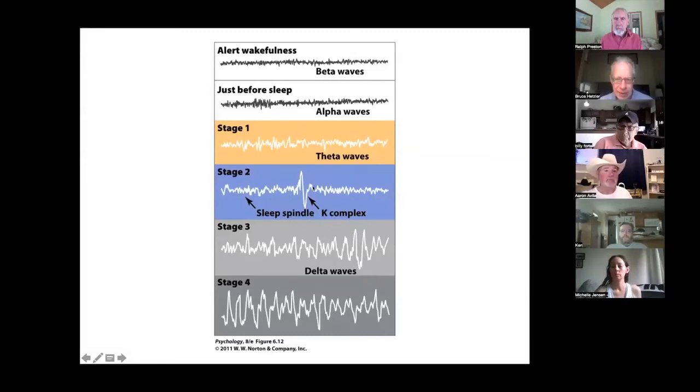It's a big up and down pattern. Then you go into stage 3, where delta waves begin to appear. These are these large, slow waves you can see in the pattern. Then in stage 4, the deepest stage of sleep, you have almost entirely delta waves. So delta is ready when you are.